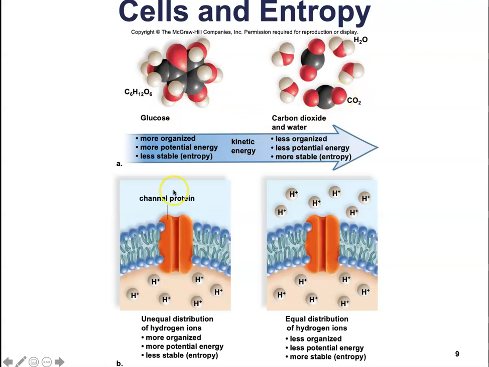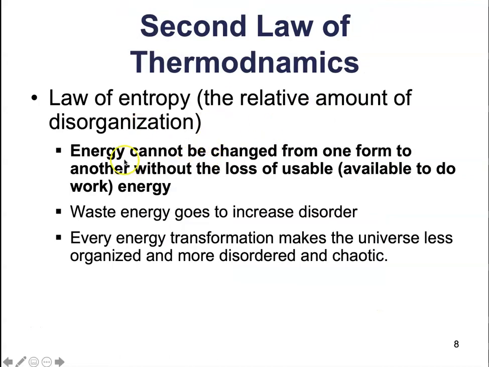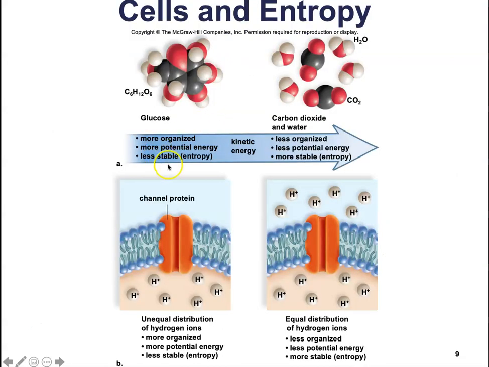So it says here, it's more organized, it has more potential energy, it is less stable. In terms of entropy, entropy is defined as the relative amount of disorganization. So this is really organized, so it has less entropy.